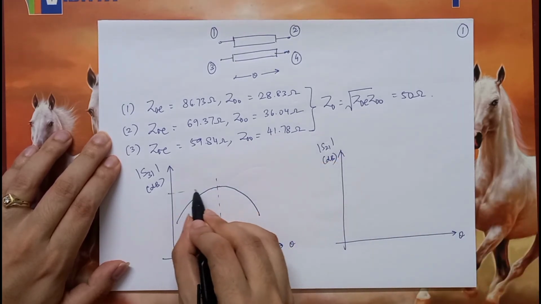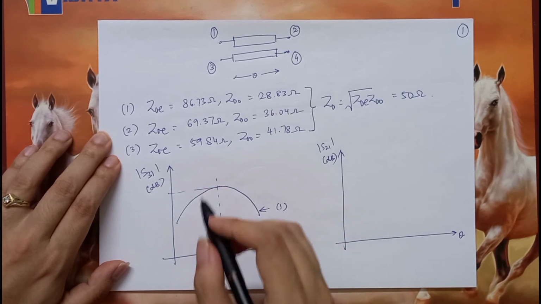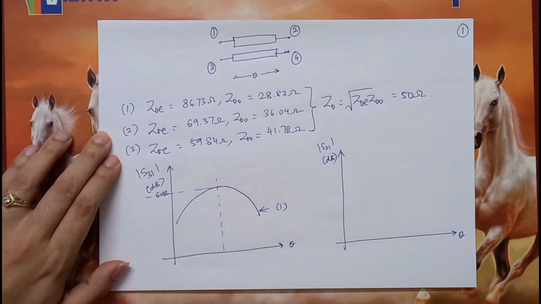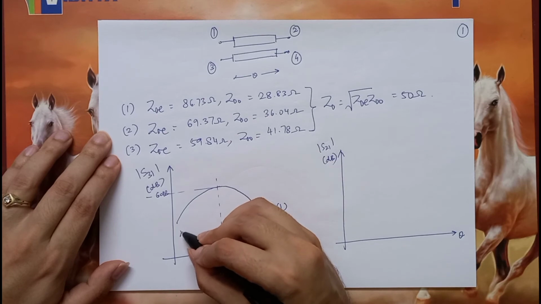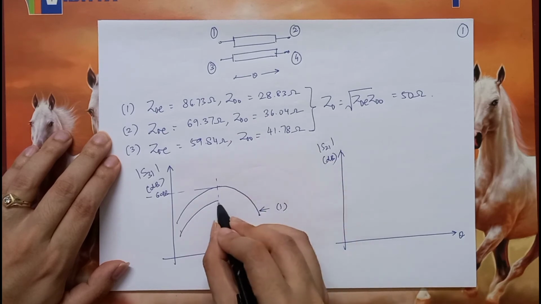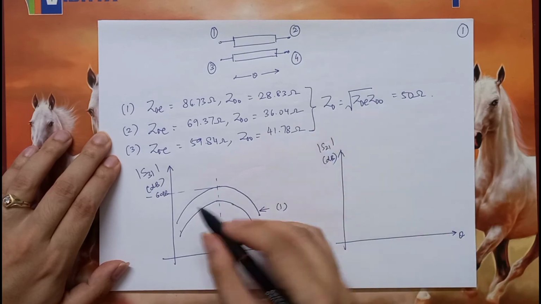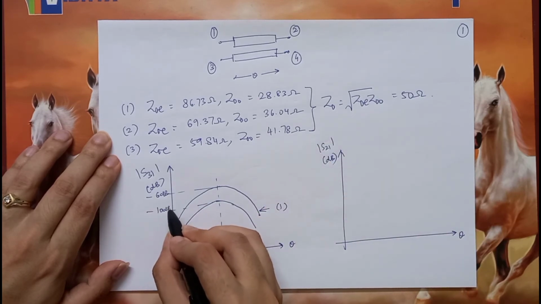In the first case, case 1, the peak was happening at minus 6 dB. In case 2, it would be something like this, and this is minus 10 dB.